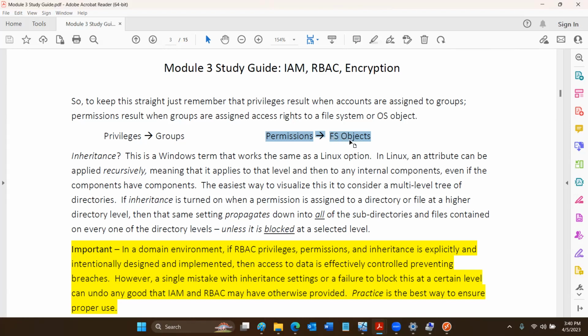So one of the gaps in system security is having a proper frame of reference. Every file system object is endowed with a set of permission attributes. And it's those permission attributes that are assigned either to individual user accounts or to groups.